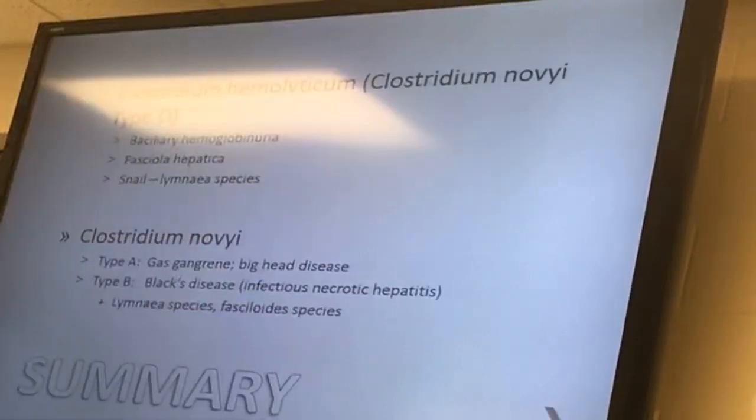Bacillary hemoglobinuria is Clostridium novyi type B. It may be associated with Fasciola hepatica and a snail. Under Novyi type A, gas gangrene or big head disease. Type B, Black's disease or the infectious necrotic hepatitis. Don't worry, we'll get to them. That's just a summary of Novyi.